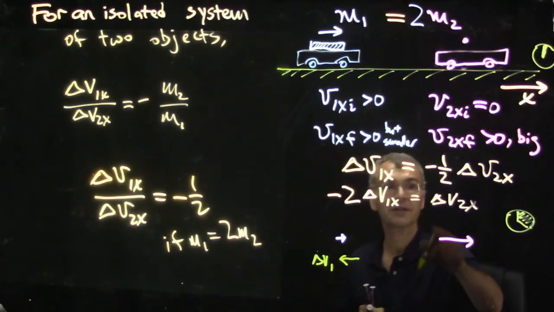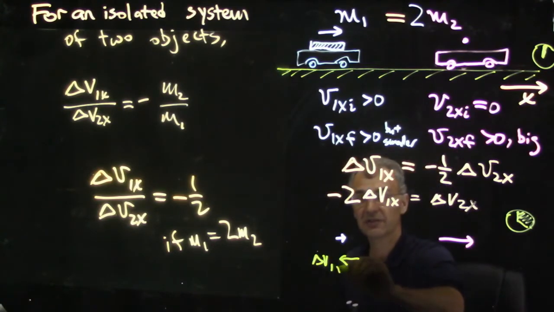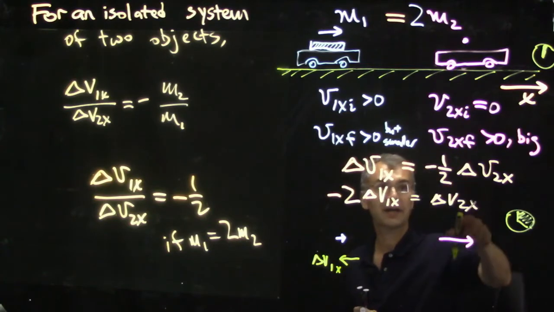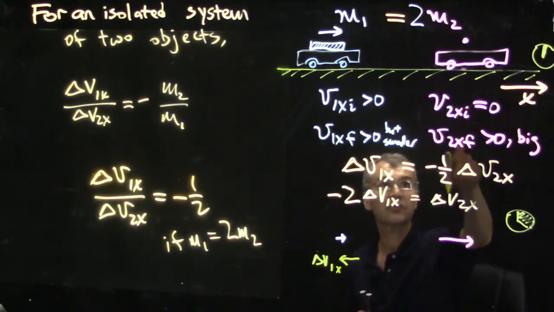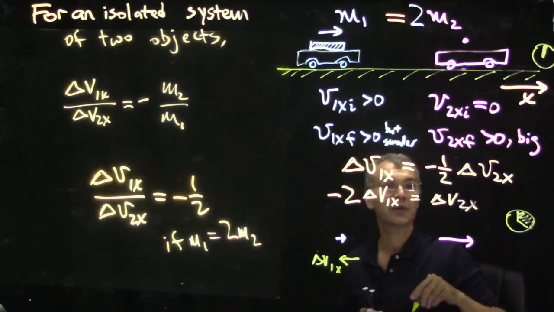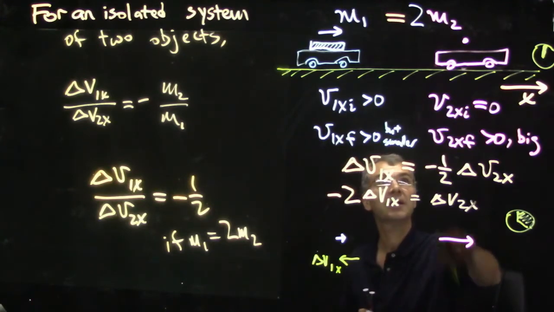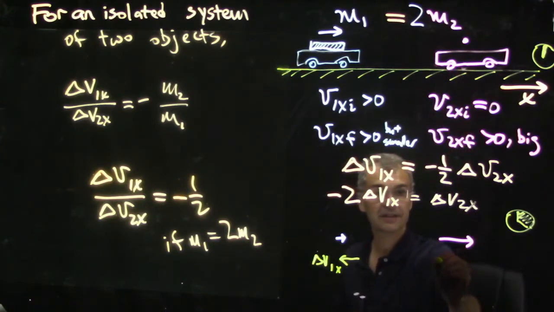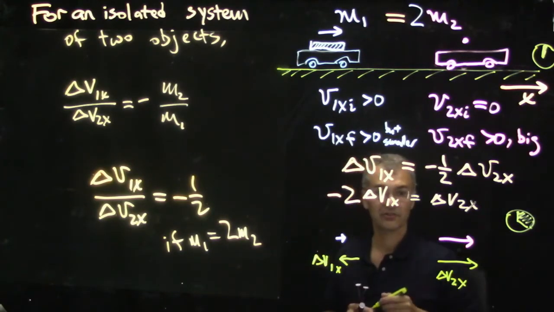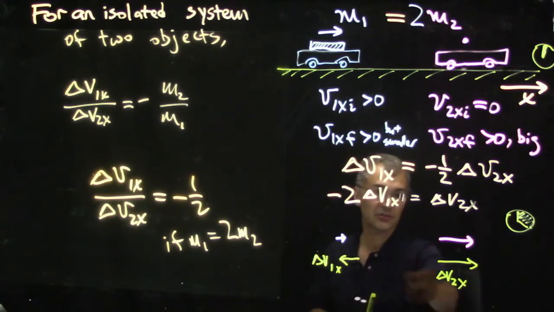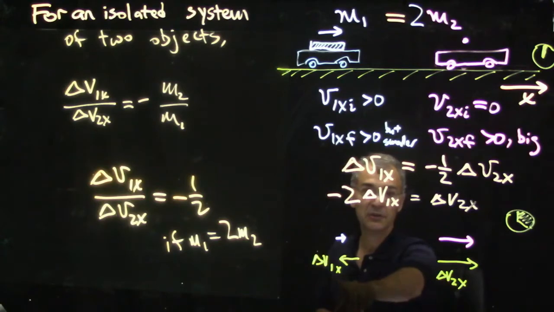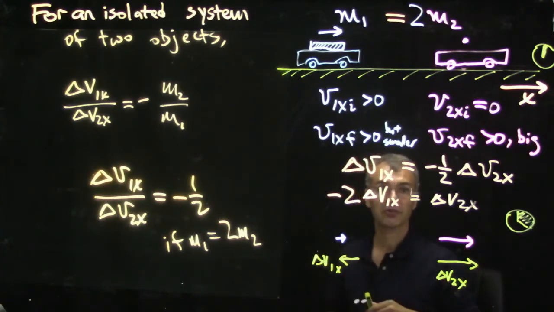And then if we look at delta V1x, and we're going to say if we have V2x final minus V2x initial, and so you take this arrow minus nothing, then that is a pretty big arrow that way. So here's delta V2x. And so you see delta V2x is bigger than delta V1x, and they point in opposite directions.